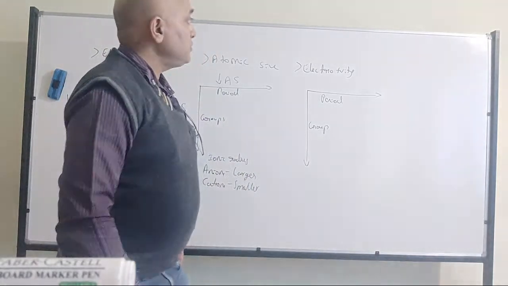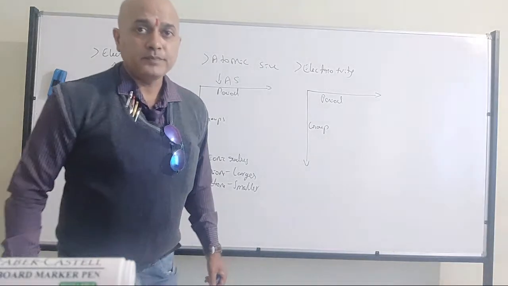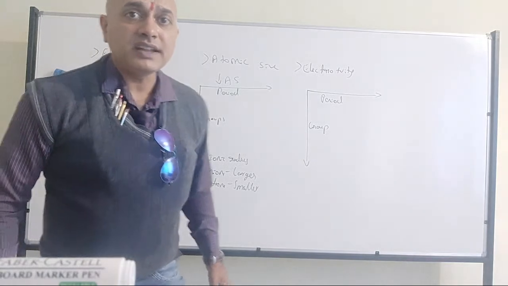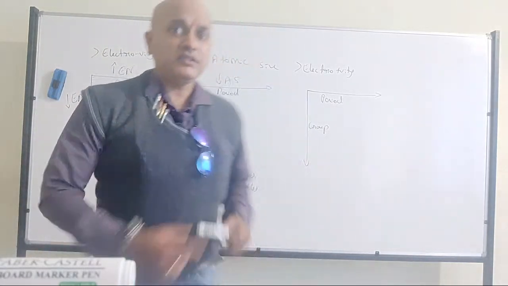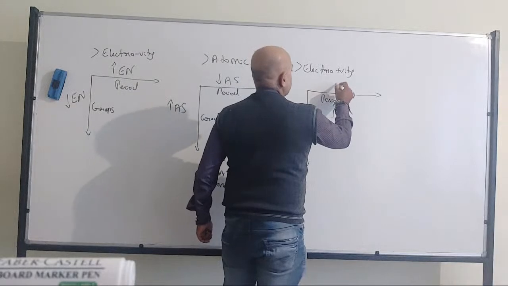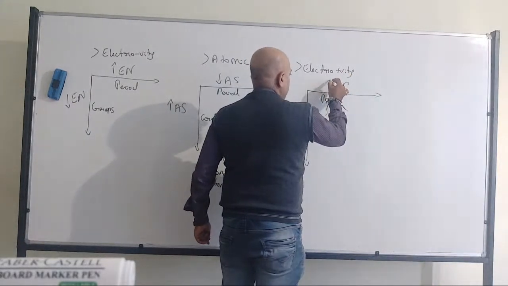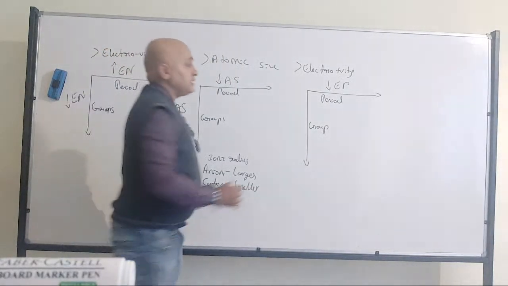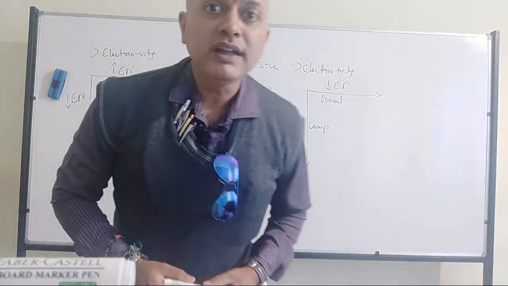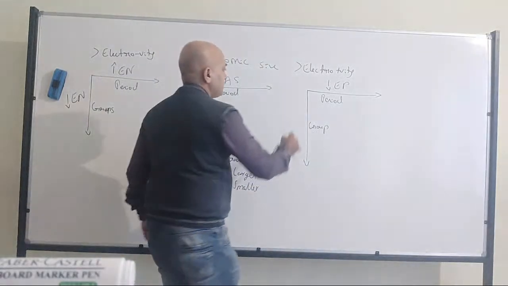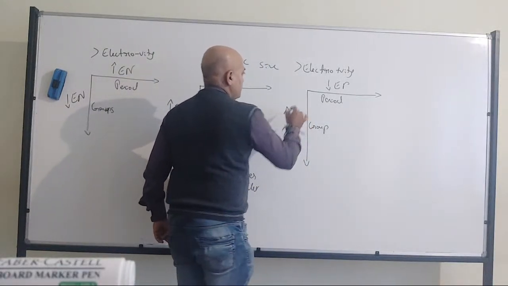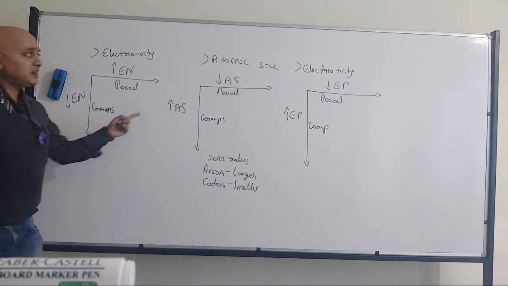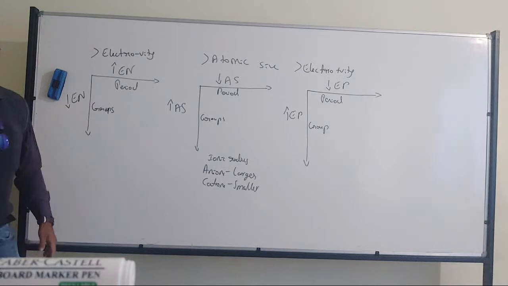Will it increase or will it decrease? Yes, very good. It's going to decrease. EP, I will make it. It's going to decrease. Down the group, what will happen? Down the group, it's going to increase. Very good. Down the group, electropositivity is going to increase. Exactly opposite to that of the electronegativity. That's what we can see.